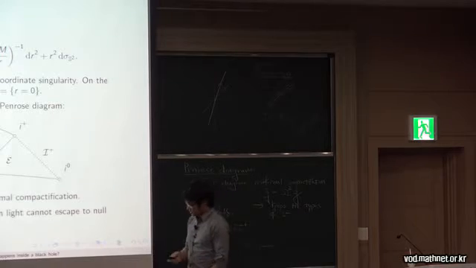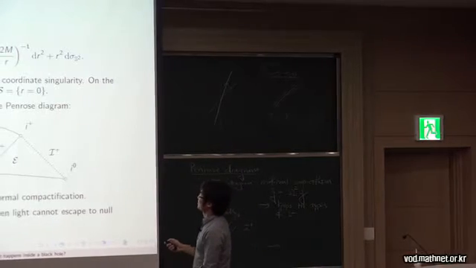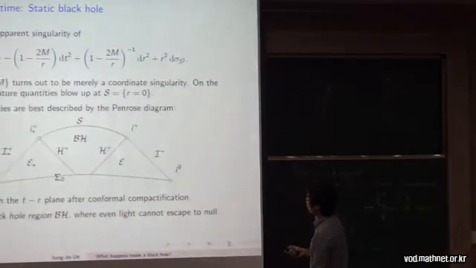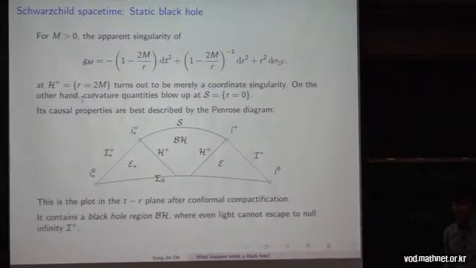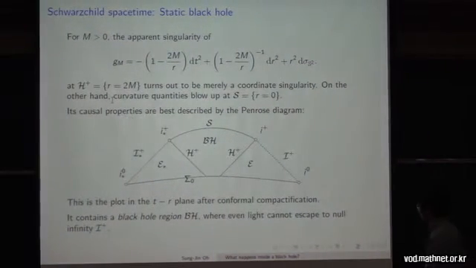Okay, then, now the interesting thing, it turns out that the Schwarzschild space-time contains what's called a black hole, which is the topic of this talk. And let me try to explain. So it turns out that this r equal to 2m, I told you, is a coordinate singularity, and it can be continued. And this actually just corresponds to a null hypersurface, null curve in this Penrose diagram. And in fact, there's more of the space-time beyond it.